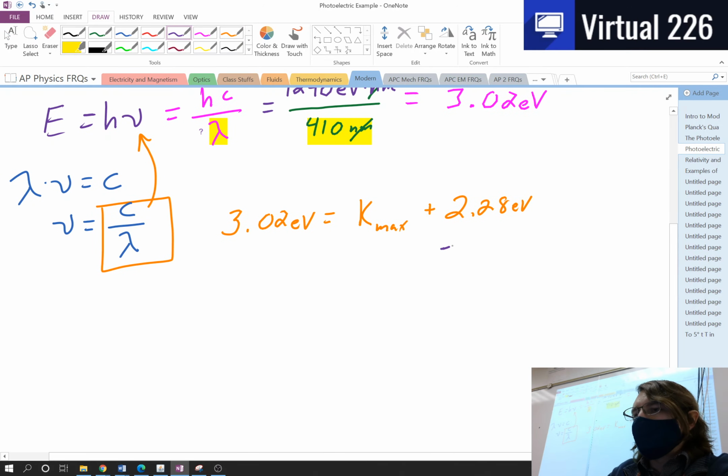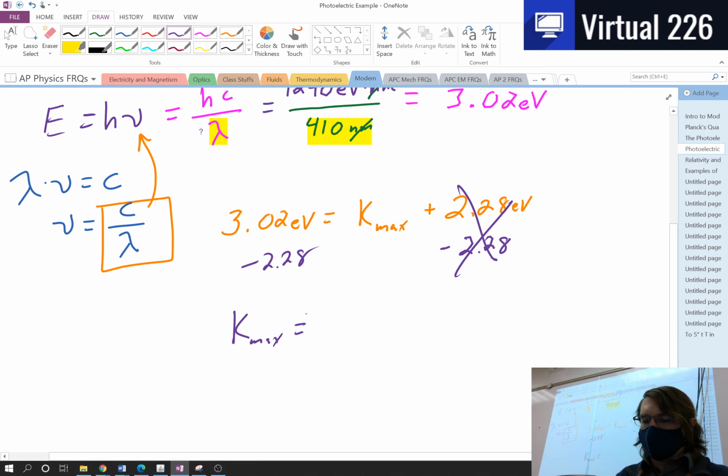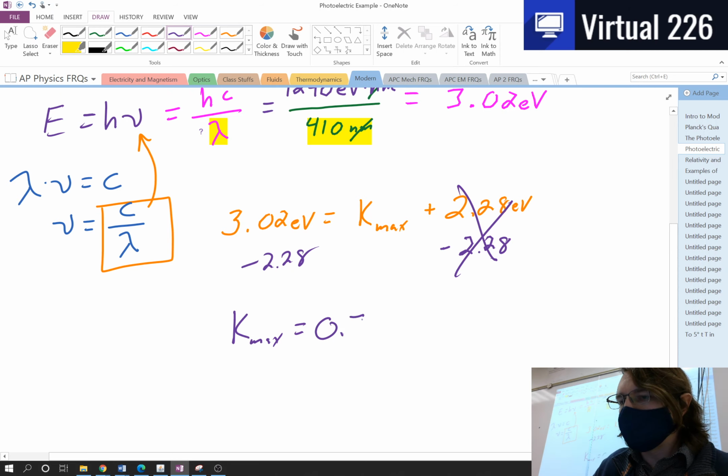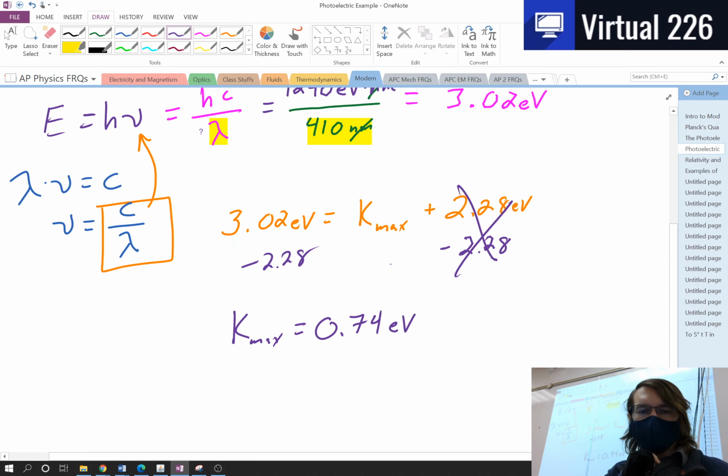Solving for the max kinetic energy by subtracting 2.28 on each side, we find that the max kinetic energy is equal to 0.74 electron volts.